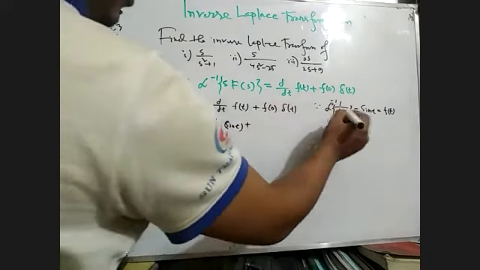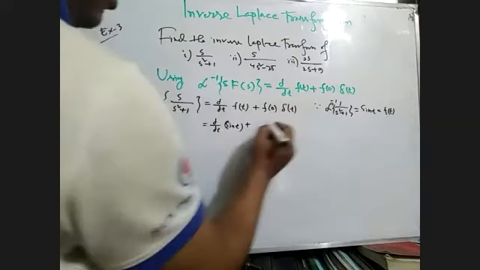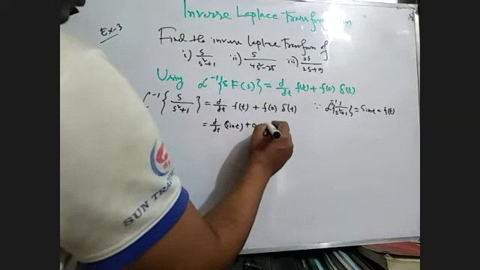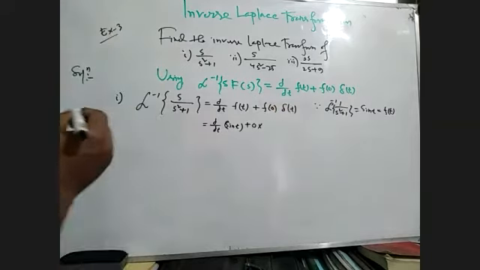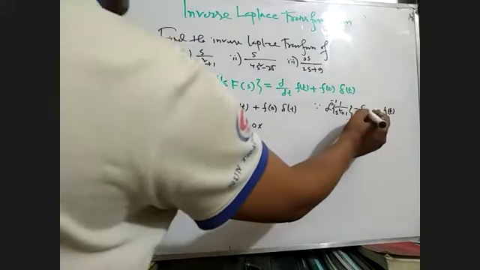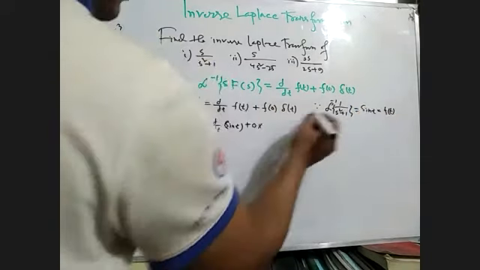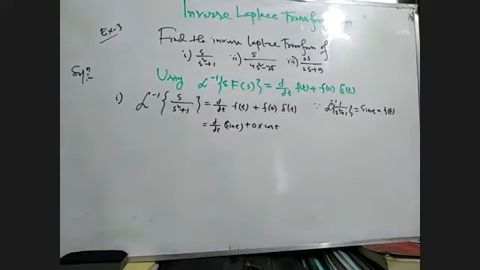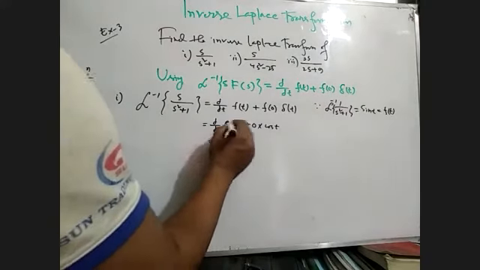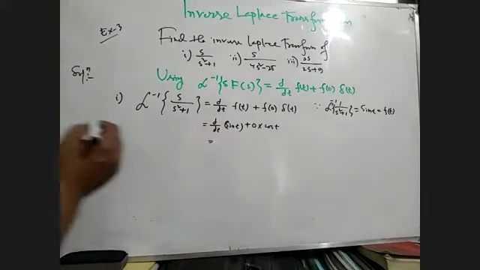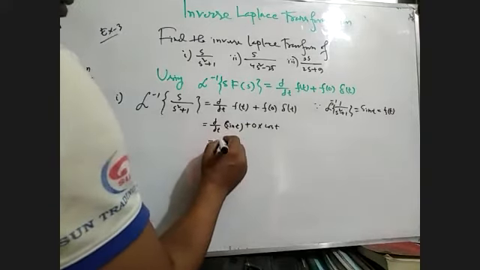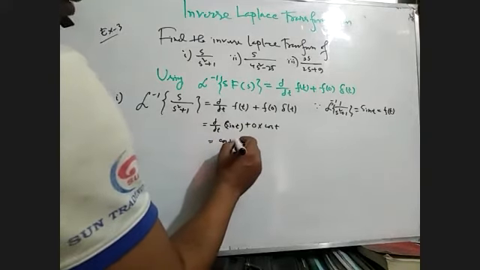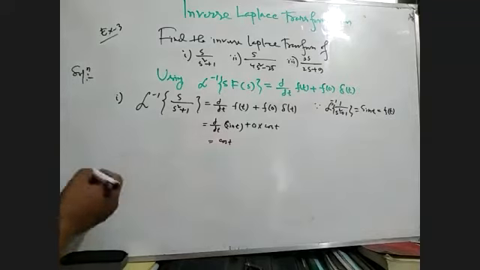Sine t at t equals 0: sine 0 equals 0. Del t means differentiating partially this. What will be? Sine t differentiation is cos t. This is the result.